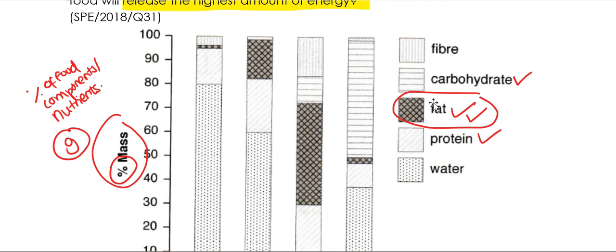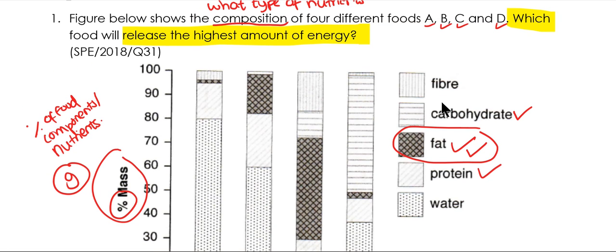Let's do a little bit of a recap. Fiber is important to form bulk. It is also important to prevent constipation.